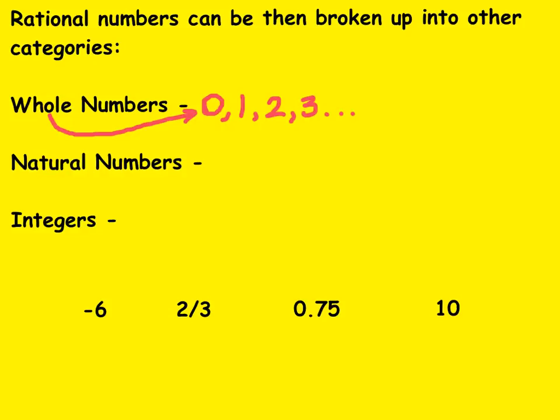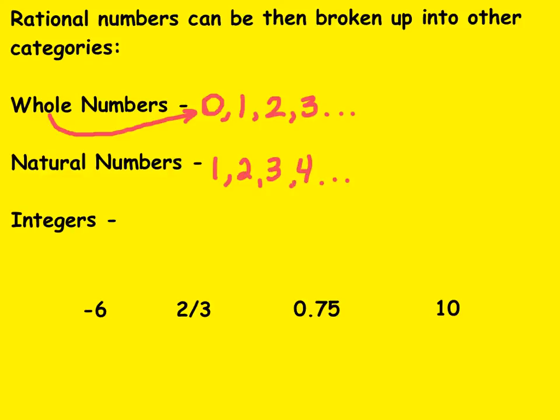Now, natural numbers are the numbers that you naturally learned when you were little. So usually when you're a baby or when you first start talking, people ask you, how old are you? And the baby will say, I'm 1 year old. Or maybe they're 2 years old, 3 years old, 4 years old, and on and on as they get older.